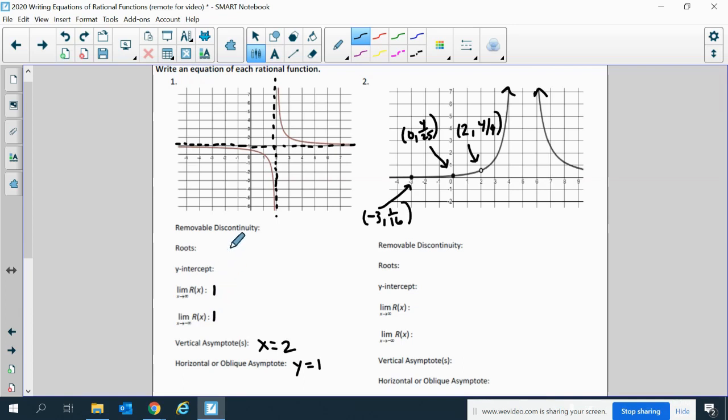The y-intercept appears to be at (0, 1/2), and there appears to be an x-intercept at (1, 0). And I'll tell you that those are correct in this problem. The removable discontinuity does not exist in this problem. There are no holes.